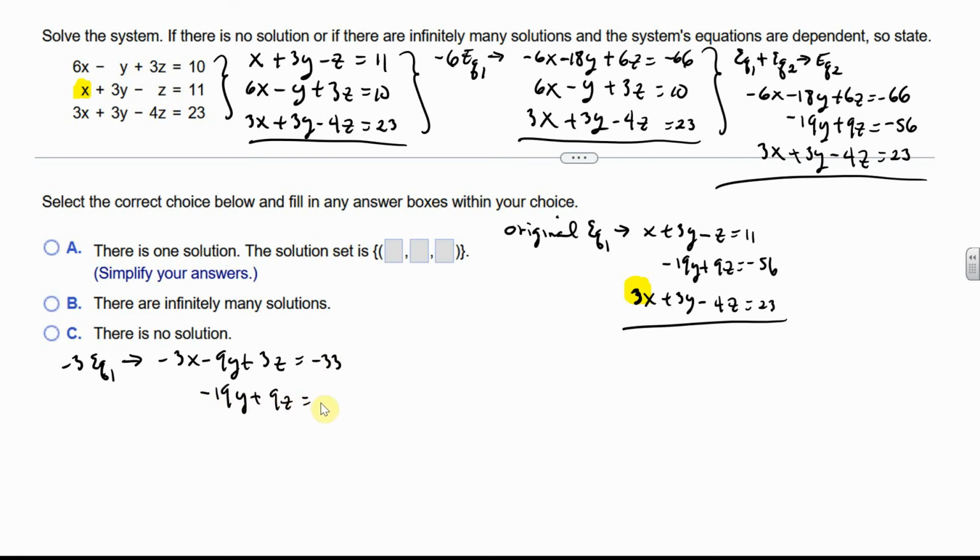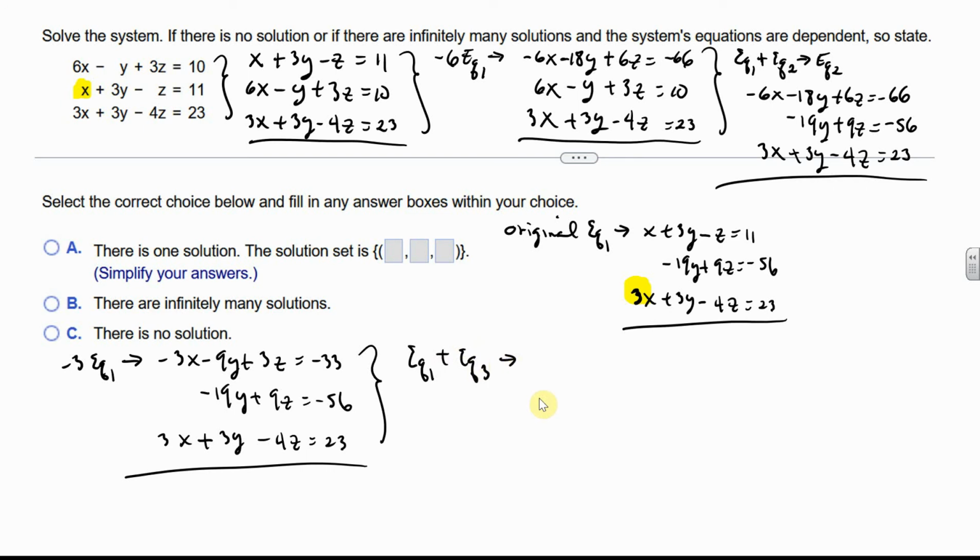Just rewrite everything else: 3x plus 3y minus 4z is equal to 23. Now I'm going to add equation 1 to equation 3. Negative 19y plus 9z is equal to negative 56.